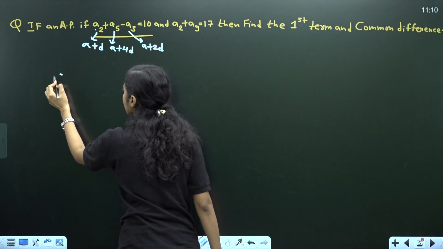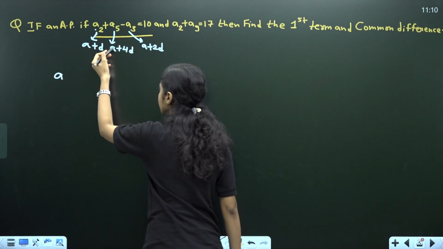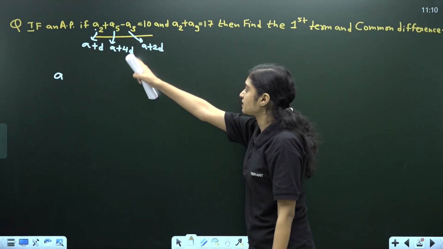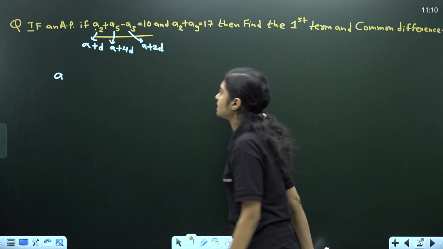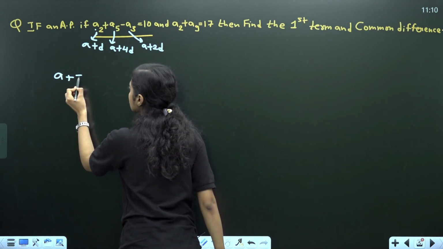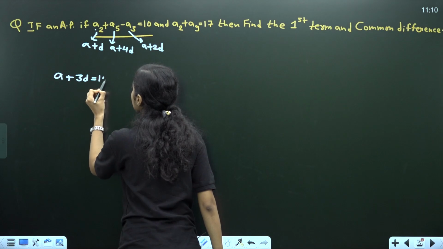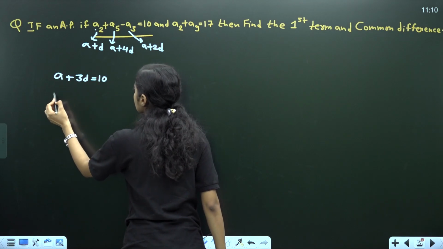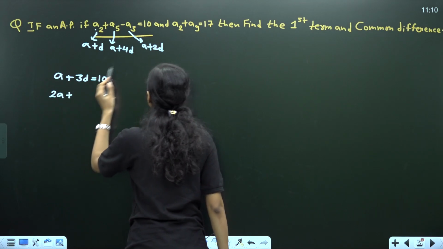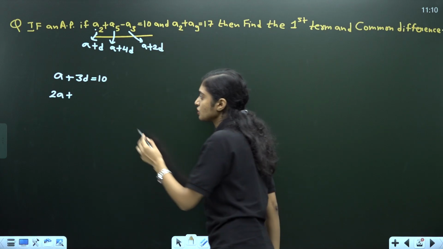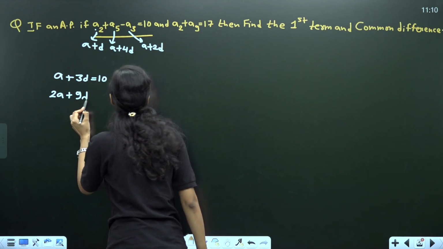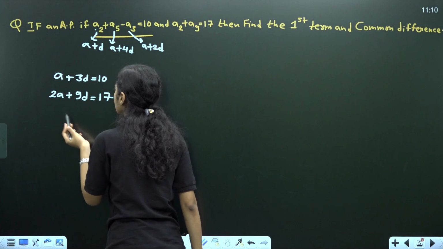Now this becomes A, as one A is cancelled out because of the negative sign, then 5D minus 2D becomes 3D equals 10. Next equation: 2A plus 8D equals 9D equals 17.